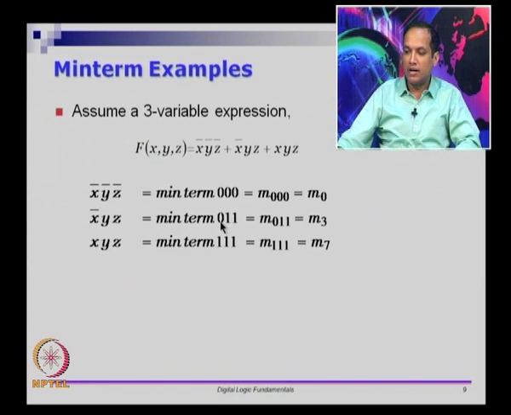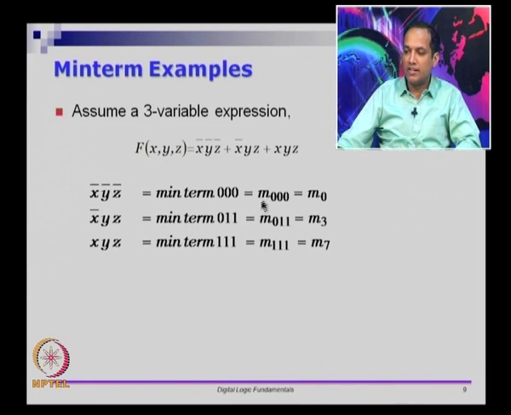Let us try and interpret this one. x should be in complemented form, y should be in regular form and z should be in regular form, and it is a Minterm, which means it is a product of these 3 literals x bar, y and z. That is what we have here. Finally, the last one has all of the literals in their uncomplemented version, so it is x, y, z.